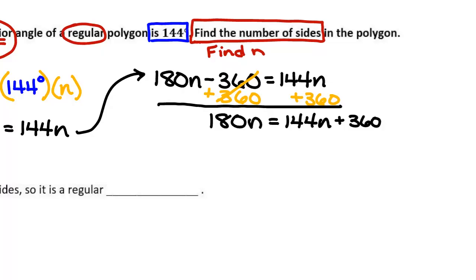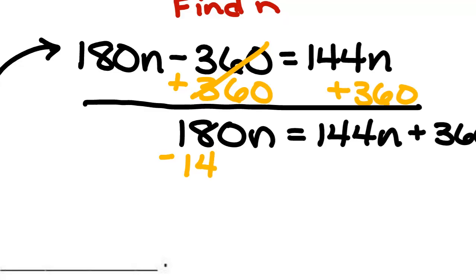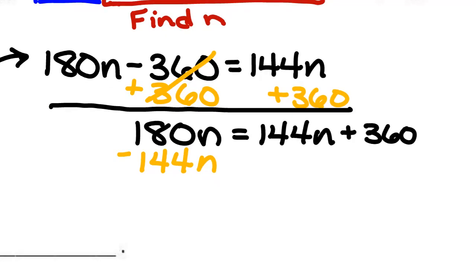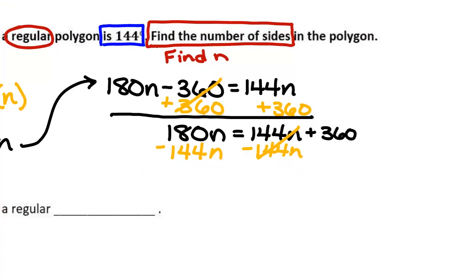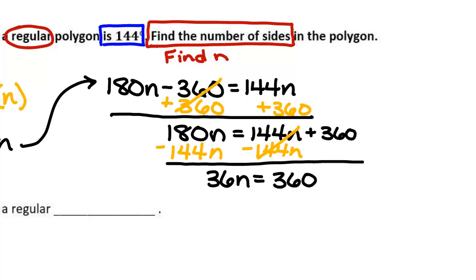What do you think I need to do next? Subtract 144 from both sides, specifically 144n because it's a like term with my 180n. What is 180 minus 144? 36. So 36n equals 360.